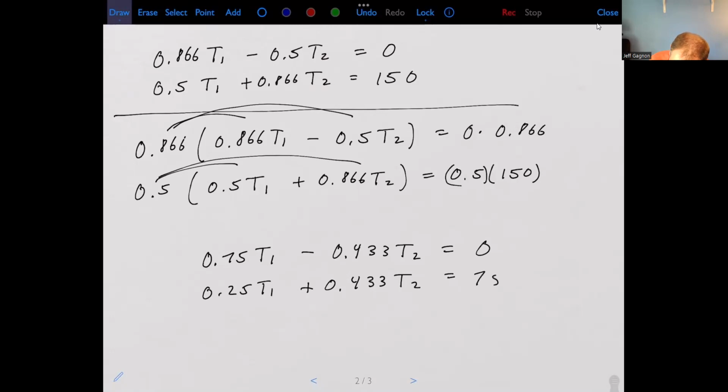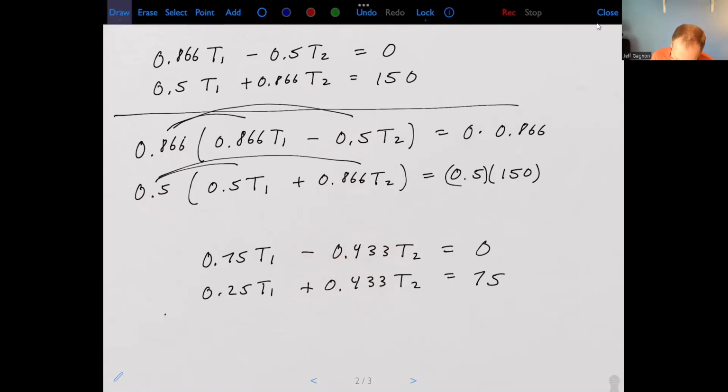75. Now remember, the reason I did this is so that these two would match but be opposite. By multiplying the first equation by 0.866 and the second by 0.5, I got these to be equal but opposite.